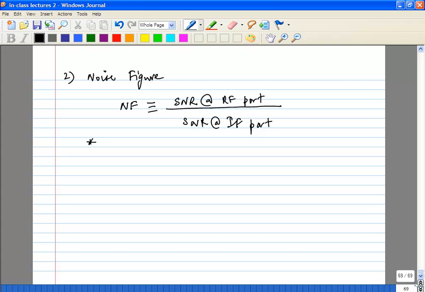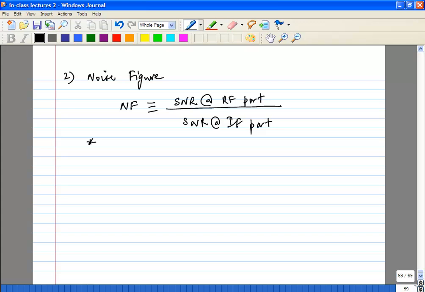For noise figure, just remember that you have to be very careful about your image frequency. Remember we calculated how your image translates on top of your RF signal, and that's why you have what is called an image reject filter, so you've got rid of all the signals at the image frequencies.